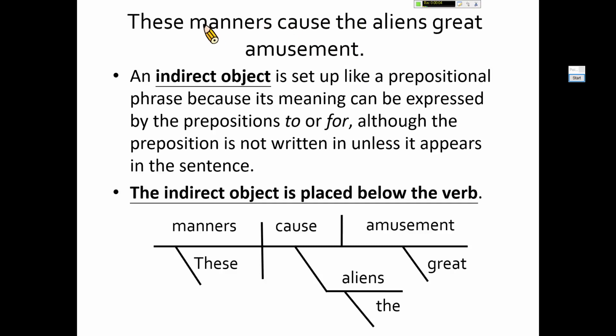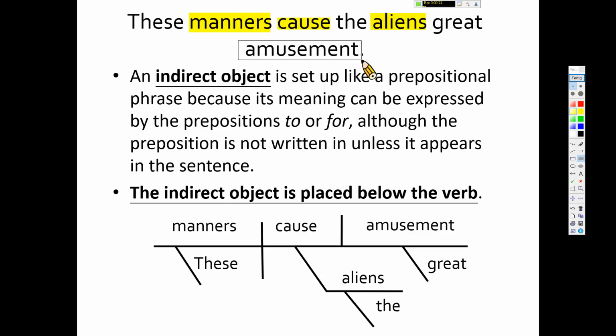So let's look at this sentence. "These manners caused the aliens great amusement." So basically, the core component for this one is "manners," the subject. And "caused" is the transitive verb, and "aliens" is the object. And "amusement" is another object.